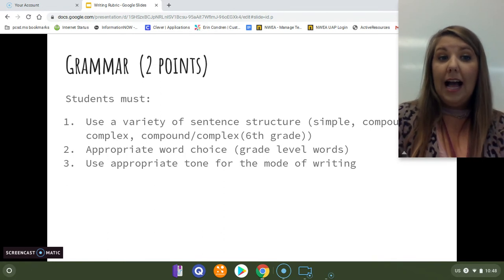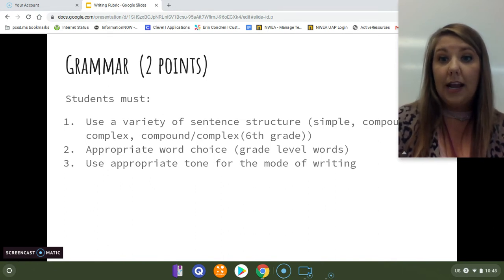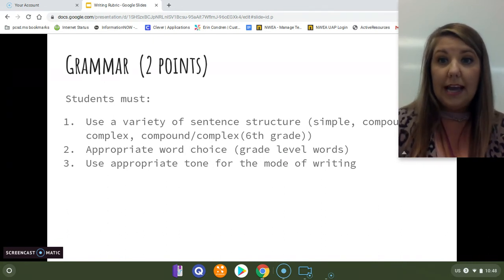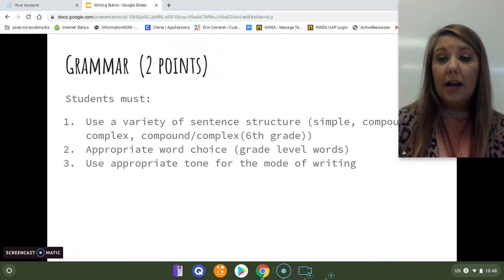For grammar, you watched a video, or hopefully you will watch a video on sentence structure. It is very important to vary your sentence structure when you write. You must have compound sentences in there, complex sentences in there. By the time you get to 6th grade, you should be doing compound complex sentences in your writing. It's very important to bring those in and show a variety.